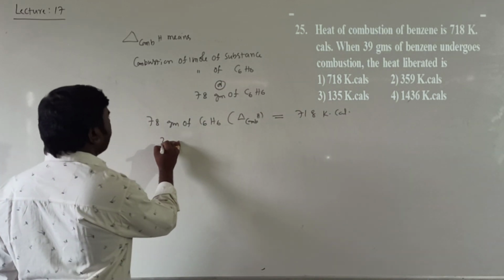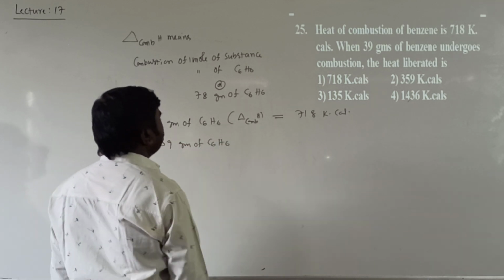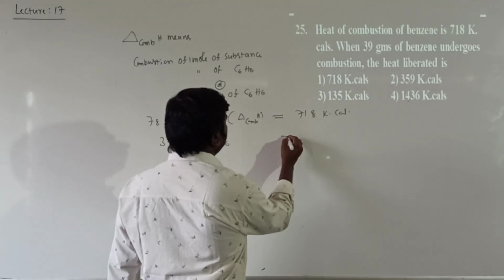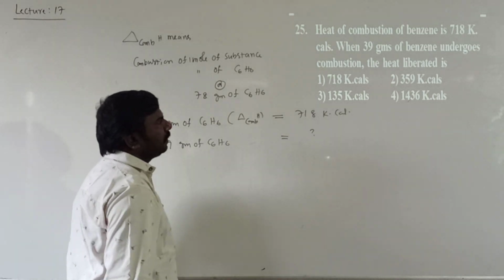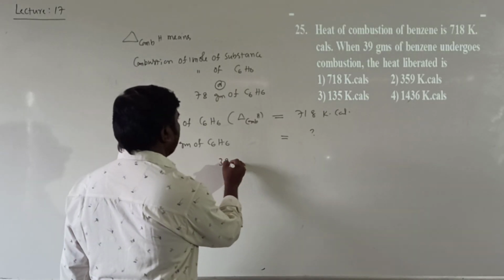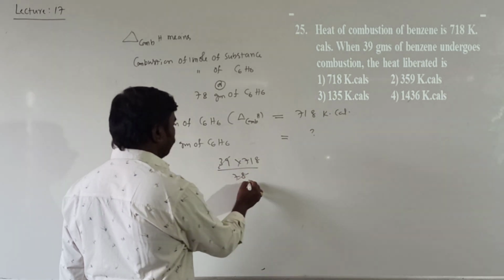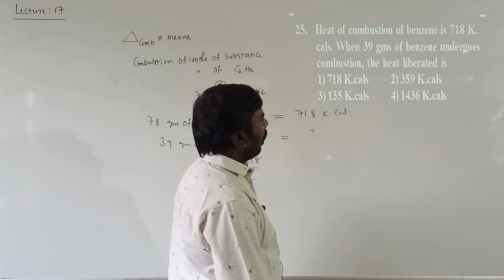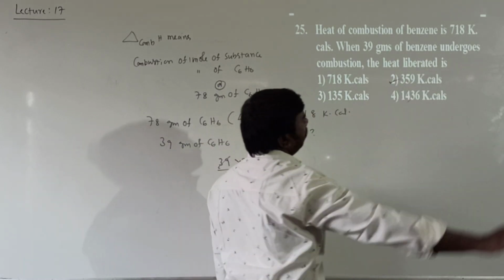Then 39 grams of C6H6 combustion is how much? It is half the amount, so 39 into 718 by 78, which is half. Half means you will get around 359 kilocalories.